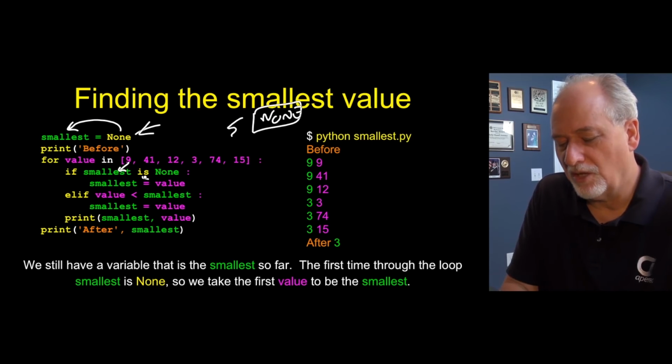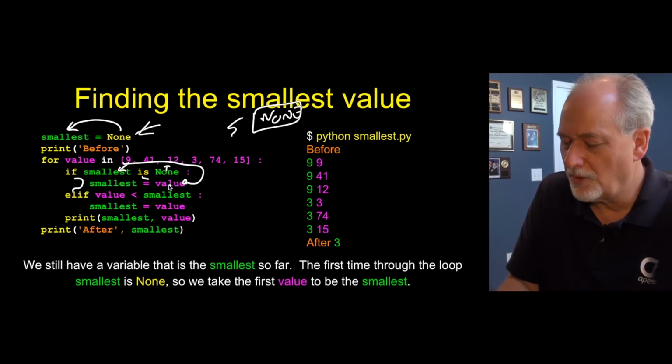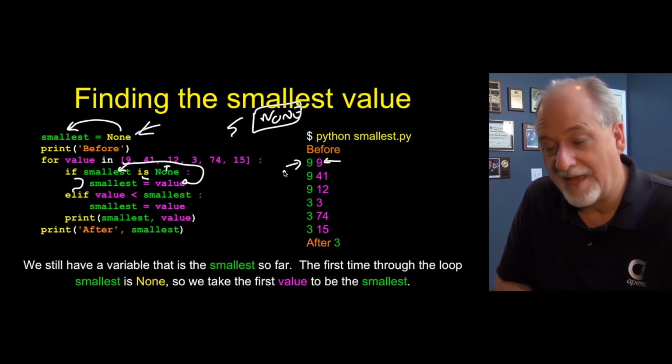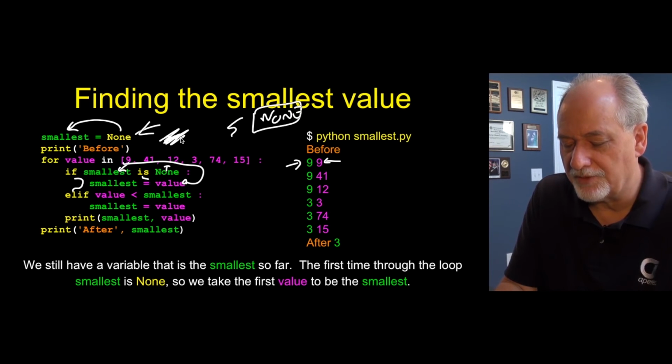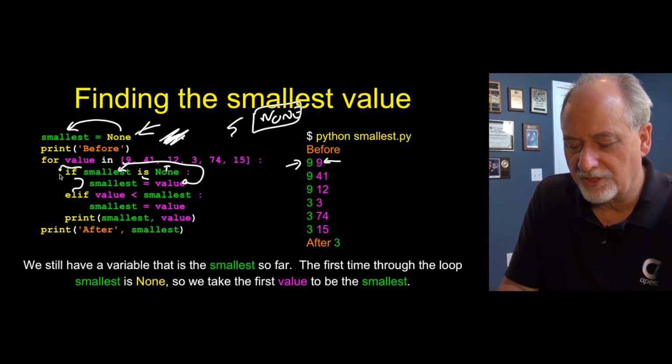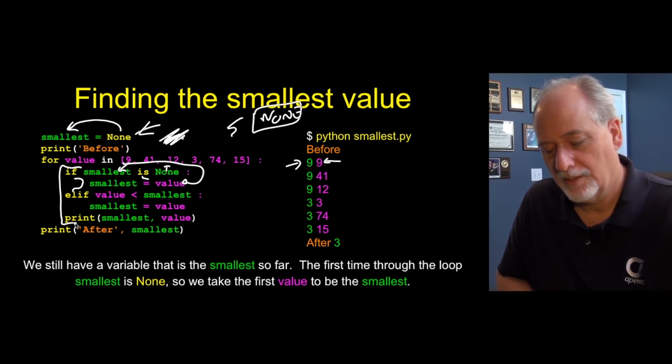So if smallest is None, that becomes true, and it runs this case. What it does is it copies this first value, which is 9, into smallest. So we see a 9, and the smallest so far is 9, which is the first value. Again, we're assuming we don't know what the first value is before the loop starts, so we use the first iteration through the loop as the moment where we capture that.